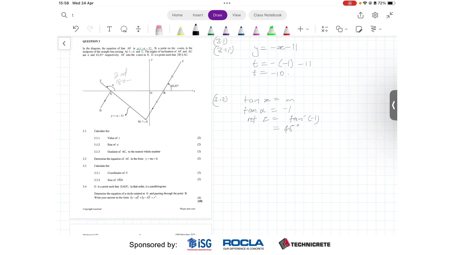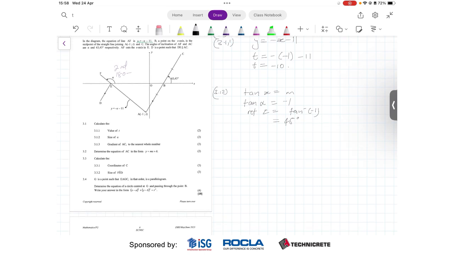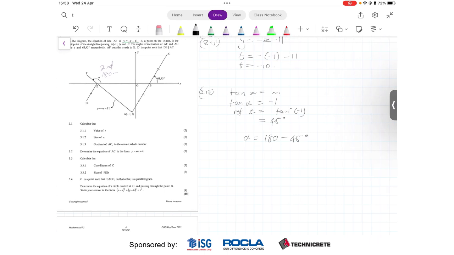Therefore, our alpha is equal to 180 minus 45 degrees, plus 180k. Although this is not the general solution, this is essentially giving you a glimpse into what we'll most likely be covering later on in this video when it comes to general solutions.